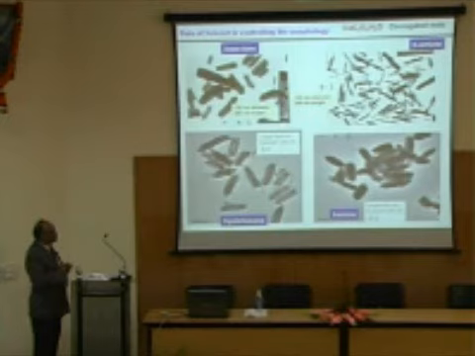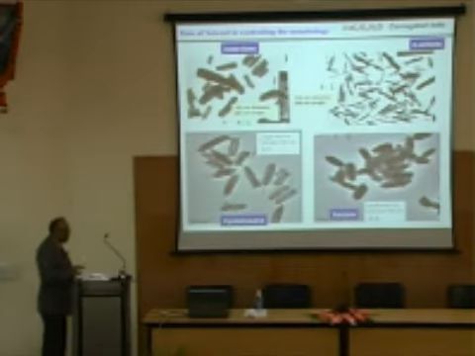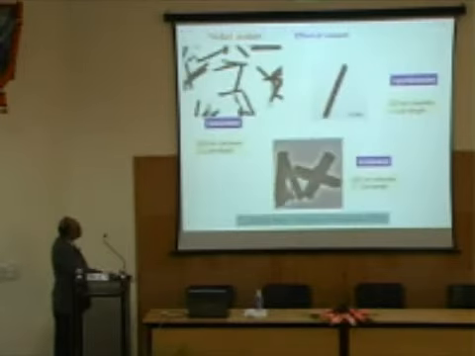So if you want to make rods or wires, you have to control them. And we have done a detailed investigation of how you can control this aspect ratio by varying the kind of solvent. This is to show if you change the solvent from isooctane to normal octane, etc., you can change the aspect ratio from 4:1 to 6:1. So you can modify the aspect ratio of these rods.